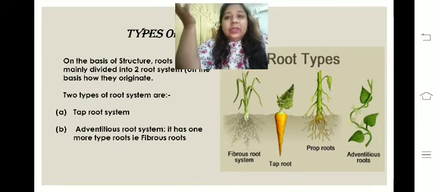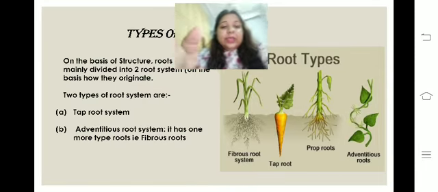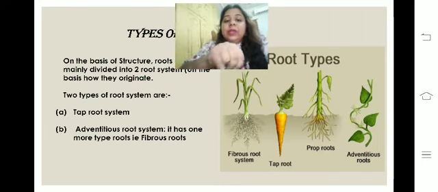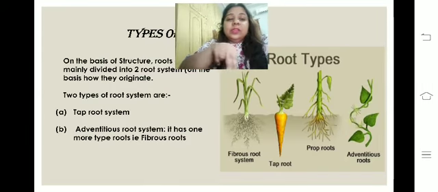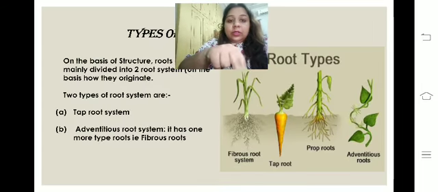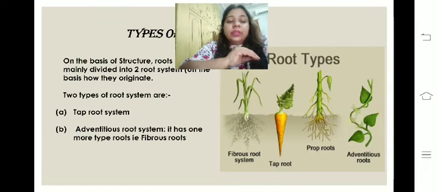The second one is your adventitious root system. Now, as I said, what is the main difference between the taproot system and the adventitious root system? The taproot system originates from the radicle, whereas the adventitious root does not originate from the radicle.